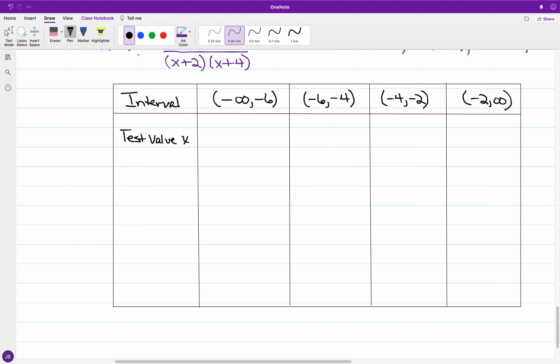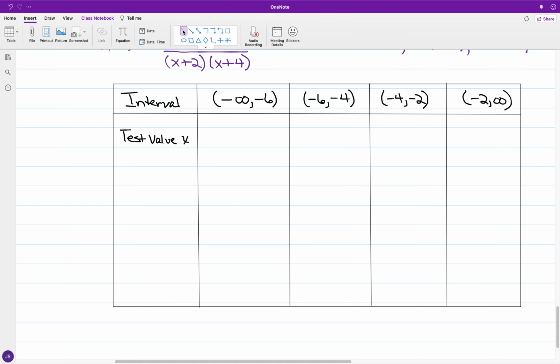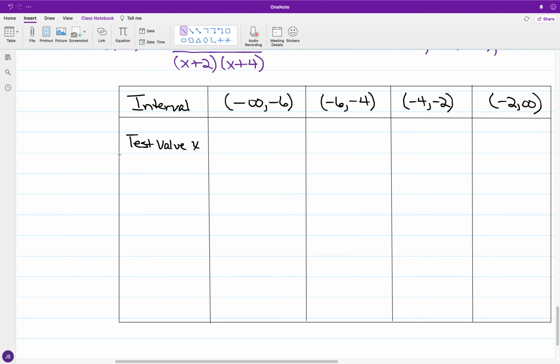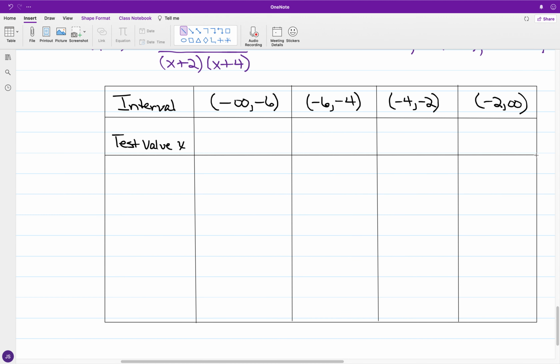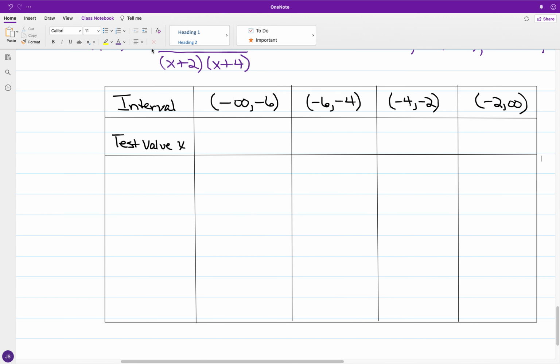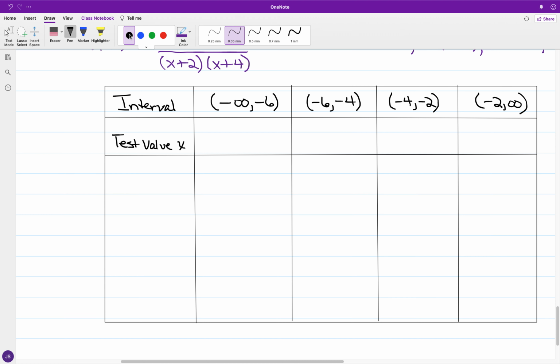So for test values we can apply for each section. For anything less than -6, we can go with -7. Between -6 and -4, if we still choose to go with integers, we can only go with -5.